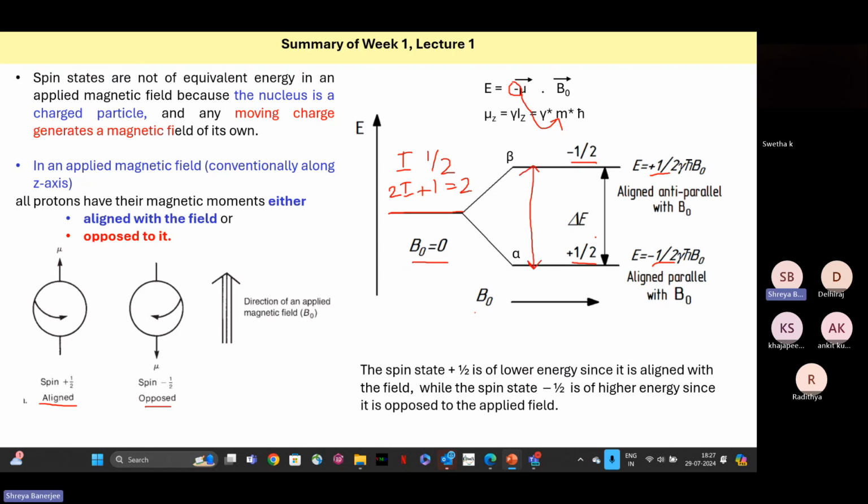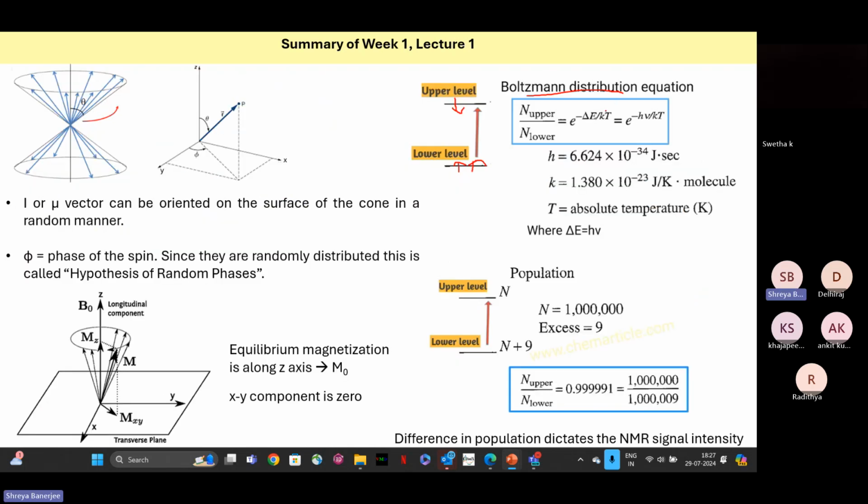This is delta E, and the value of delta E, you basically just subtract the upper minus lower, is gamma h bar b naught. It can also be written as h nu, because when you have two energy levels, you can supply an electromagnetic radiation of energy h nu in order to promote a nucleus from the lower to the upper level.